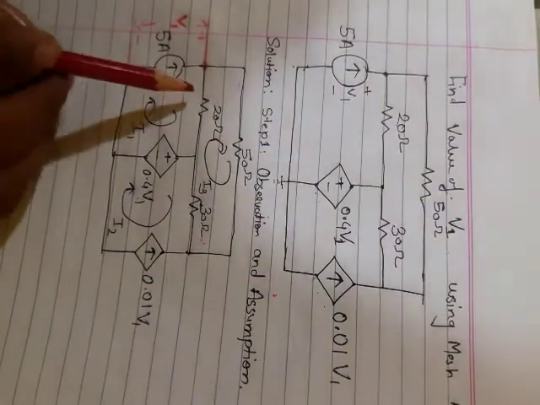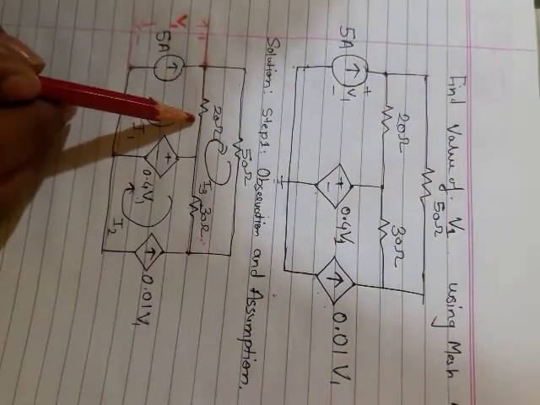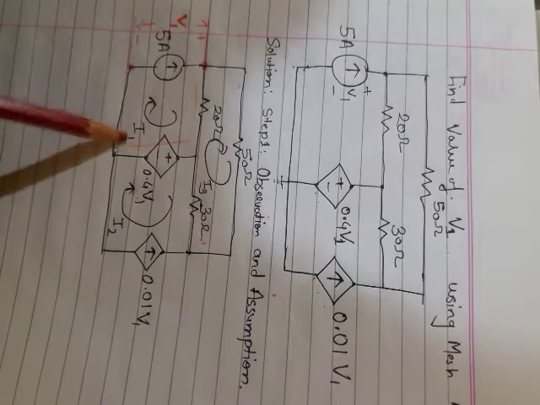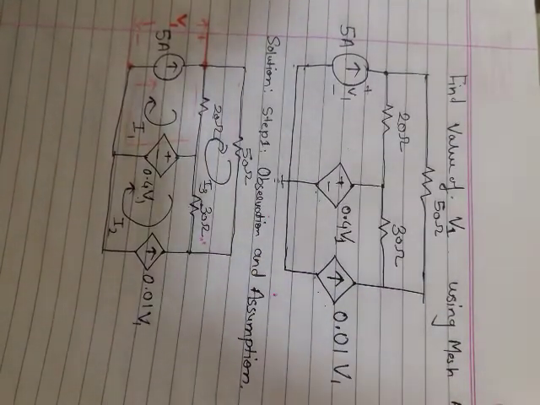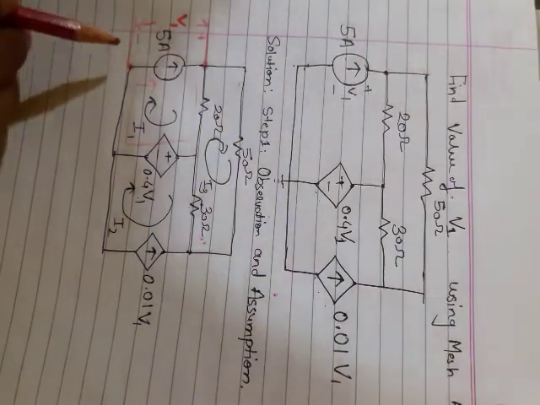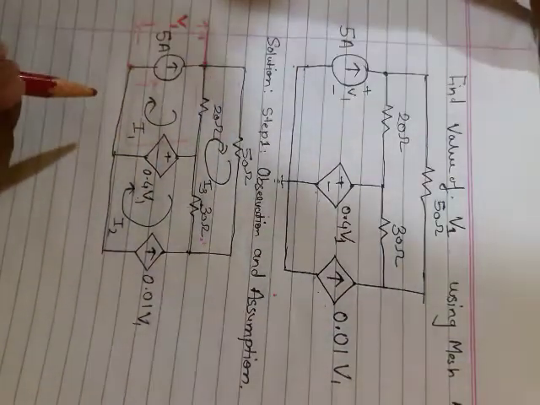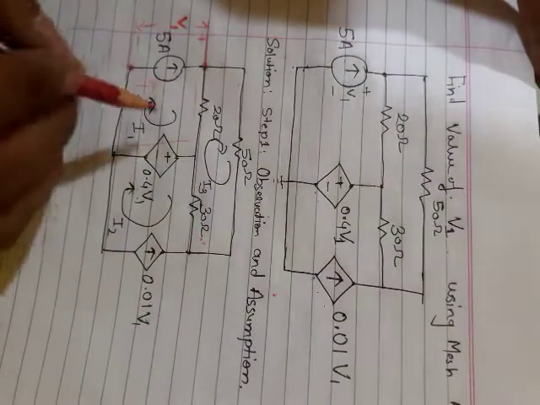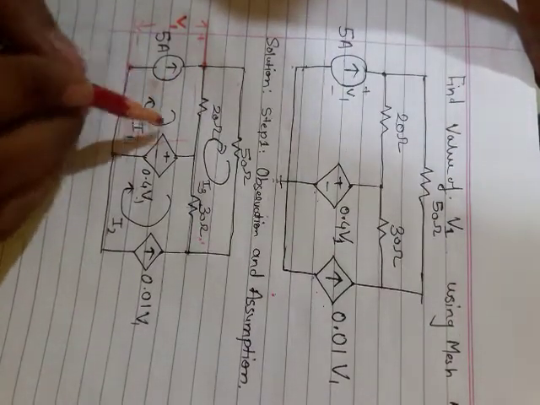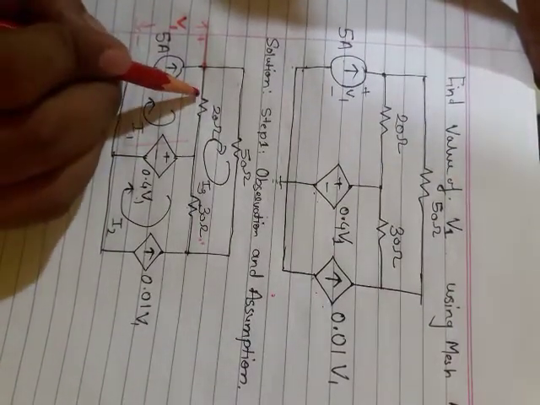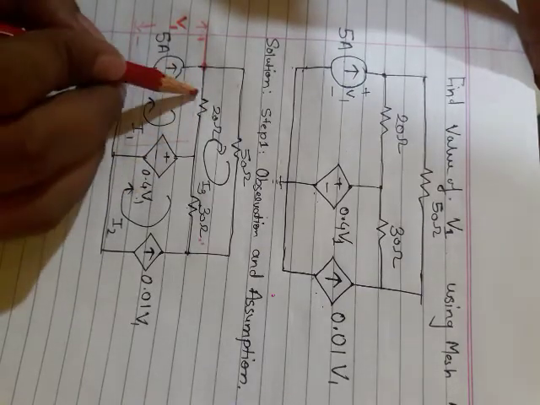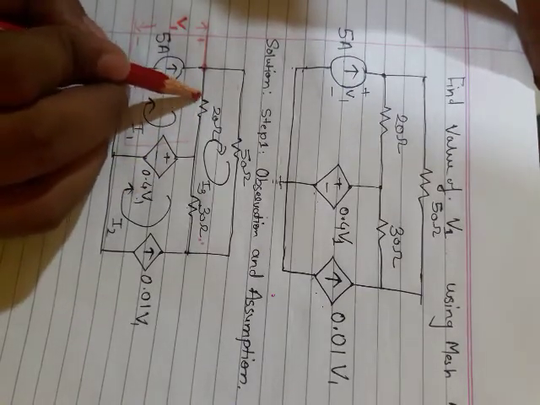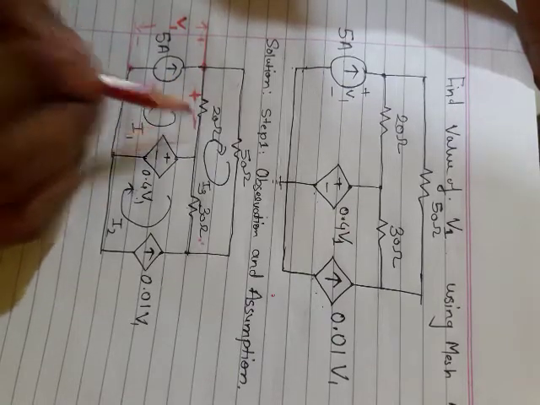Now if we apply KVL in this mesh, then we will get the value of V1. Since current I1 is flowing through this, because of this I1 the polarities are positive and negative here.